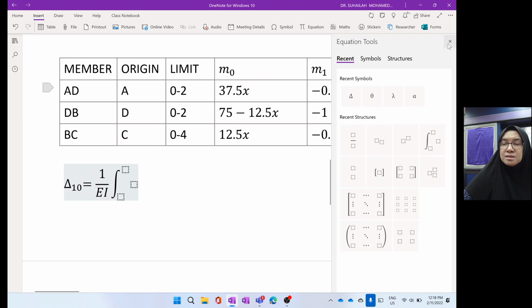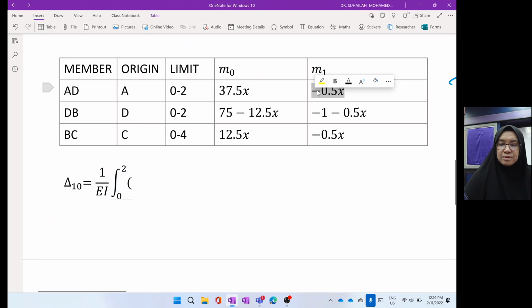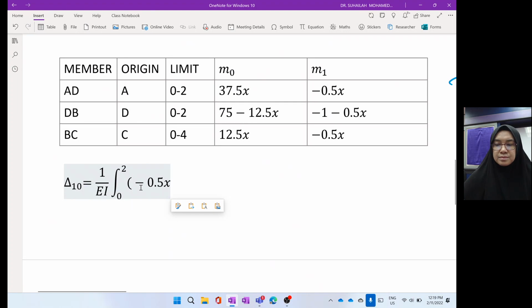Okay, so the first section is from 0 to 2. From 0 to 2, it is M1 M naught, right? M1 is negative, times 37.5 dx.